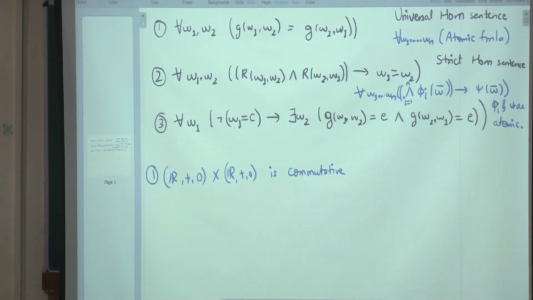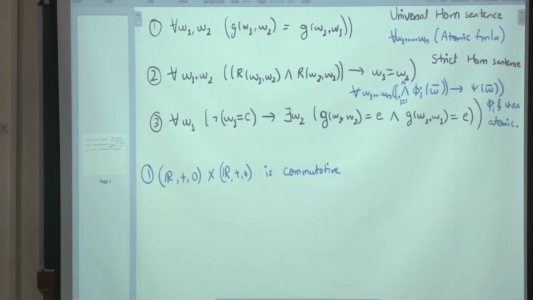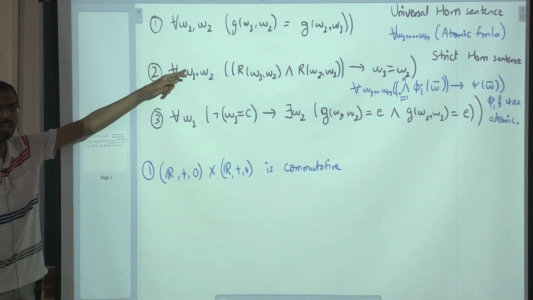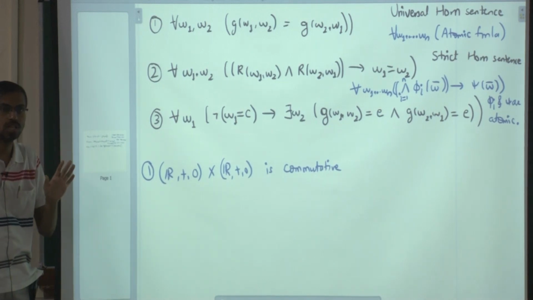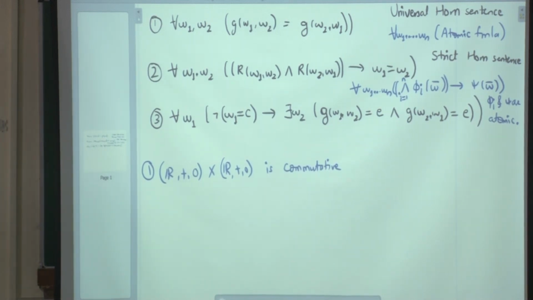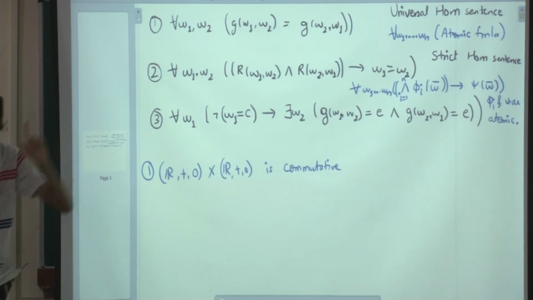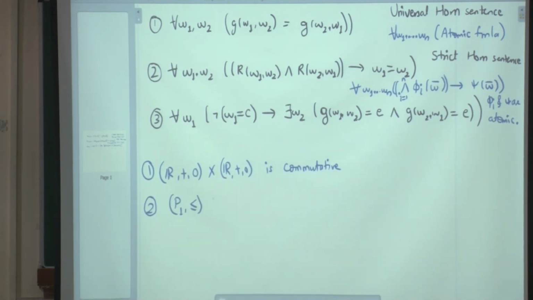Okay, so in general, for any interpretation, if you have two structures for which there is some G which is commutative, then I take the cross product of those two structures, the product structure, we have defined product structure properly, then that will satisfy this commutativity property. Okay, second one, if I take two different posets, P1 less equal cross P2 less equal. This is also a product of structures.